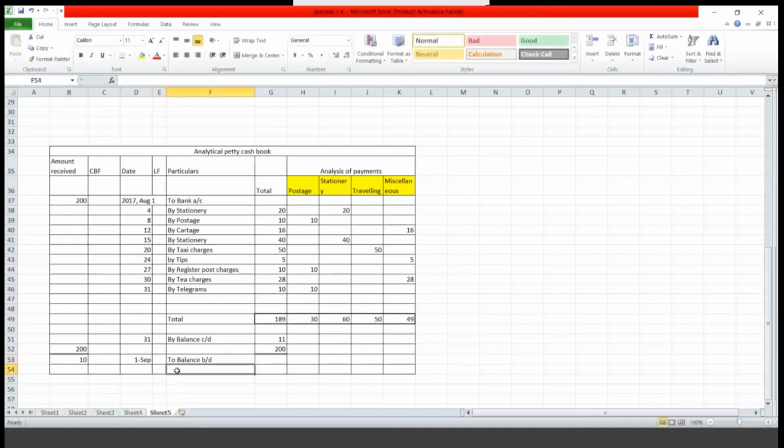So you have to write down one more. That is to bank. If it is cash in the starting, again here also you will write down cash only. Okay, what is the amount? 189. Now again next month we started with the same 200 rupees. This is 11. Again with the same 200 rupees you have started your next transactions.